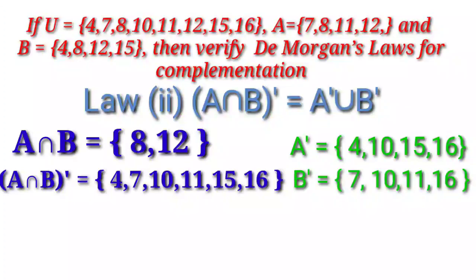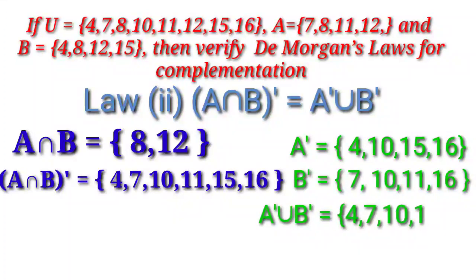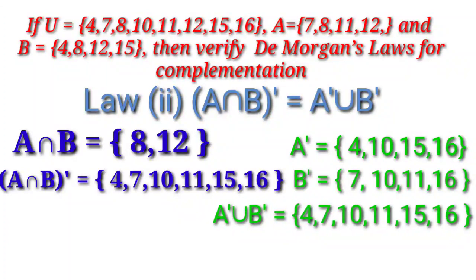Then you have to find the union of these two sets. To write the union, you have to combine all the elements of A dash and B dash. So A dash union B dash is equal to 4, 7, 10, 11, 15 and 16.